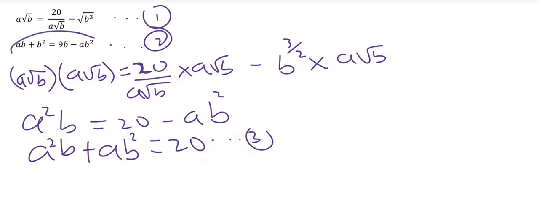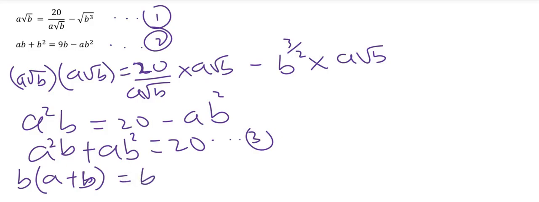Now let me manipulate the second one. In manipulating the second one, I can factorize through with b because b is common to all the terms. So therefore, I can say b open bracket a plus b equal b open bracket 9 minus ab.